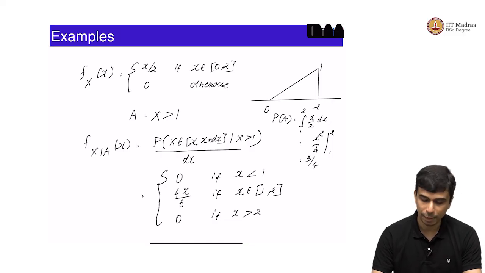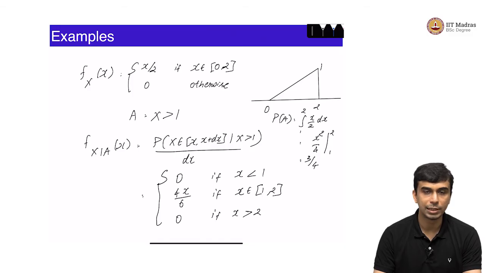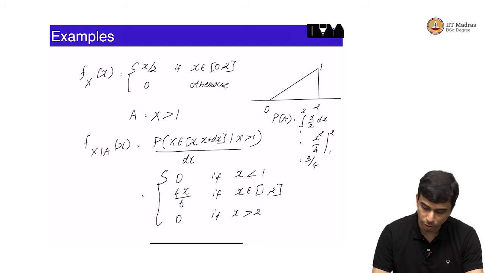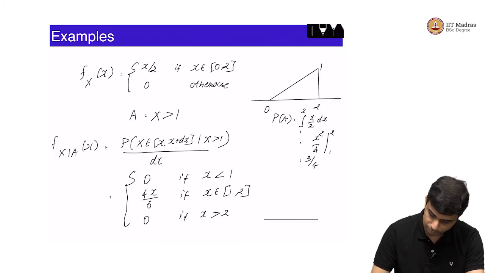So, what will effectively happen is that within this range the density function is going to increase, but within this range 0 to 1 it is going to become 0. So, if you drew a plot of f of x given A, it would look like this, draw from scratch. It is going to be 0, 1, 2, let us say.